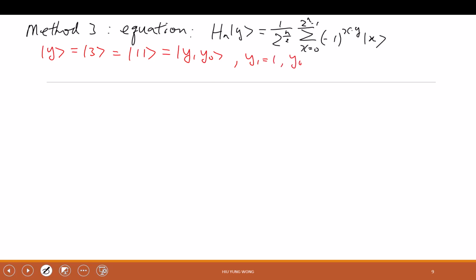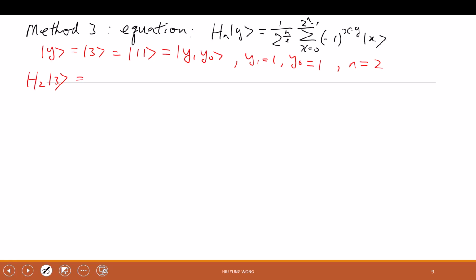What is y0? Also 1. Can you follow? Okay. So my question is, what is n now? What is n in this case for what I've written? 2. I only have 2 qubits, right? So H2 applied to 3. That is what I want to know.